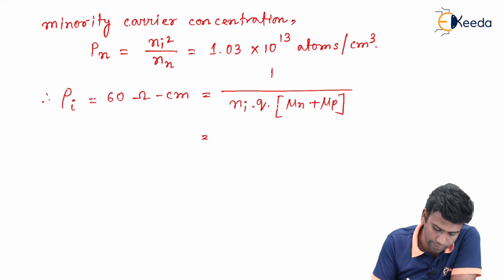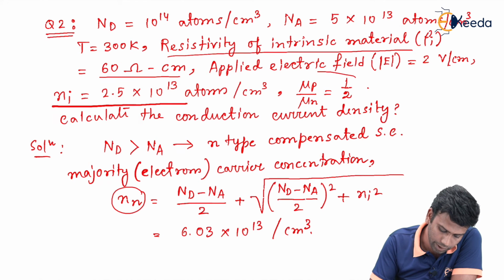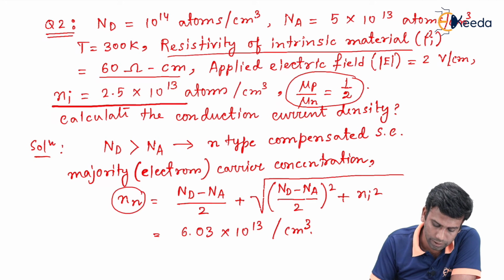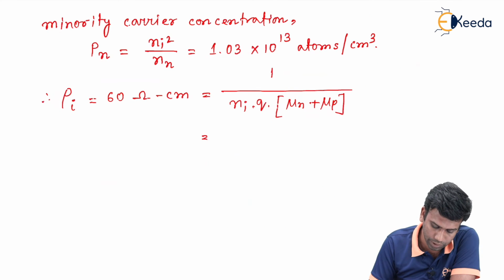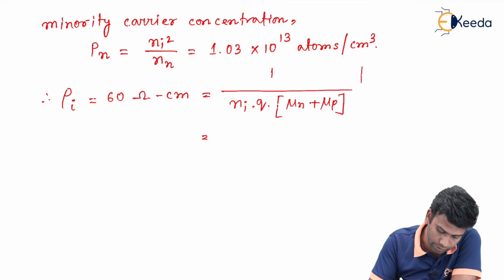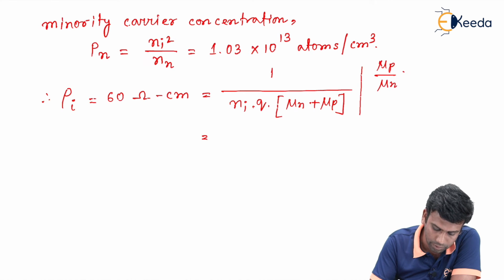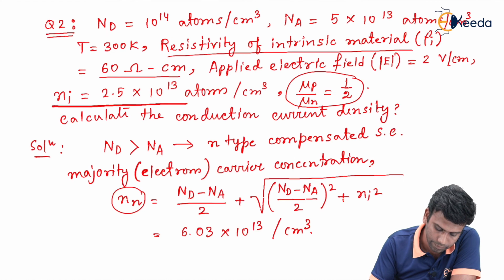Ni value is given, Q value is given, and the ratio of mu n and mu p is given. So we will substitute this ratio in that equation. From that we can say that mu p divided by mu n is half.